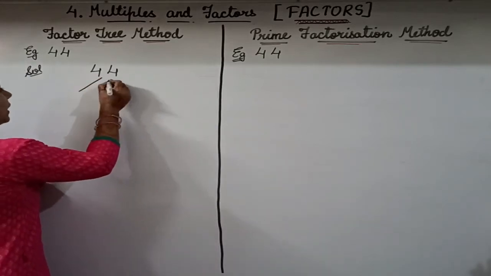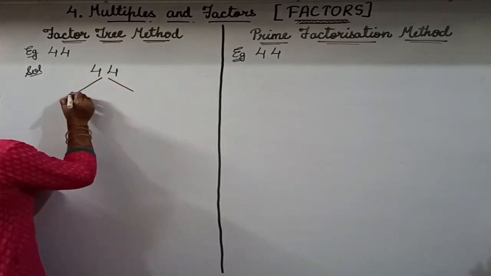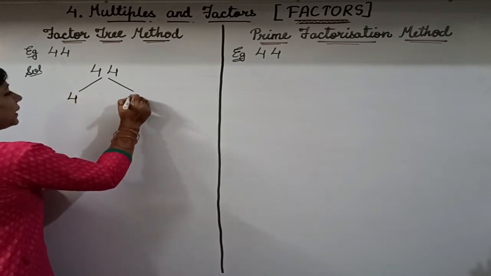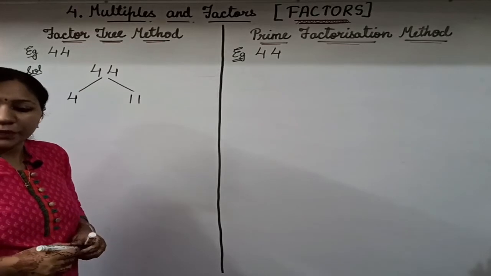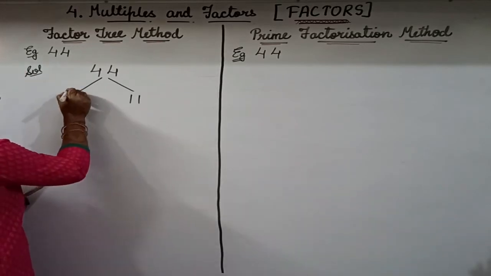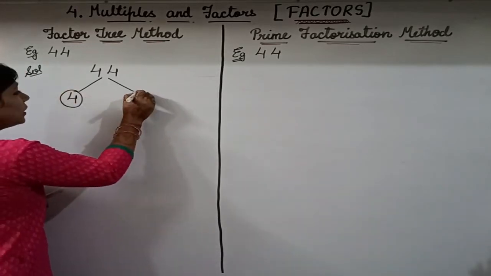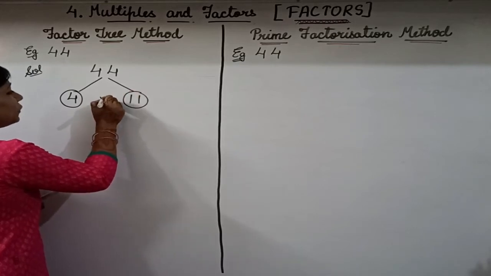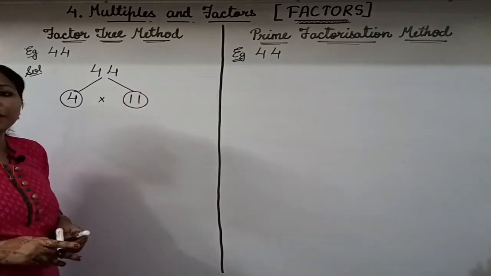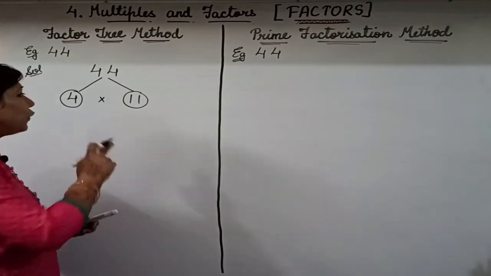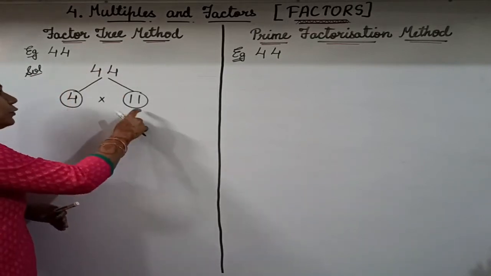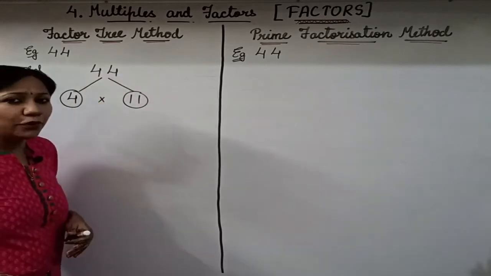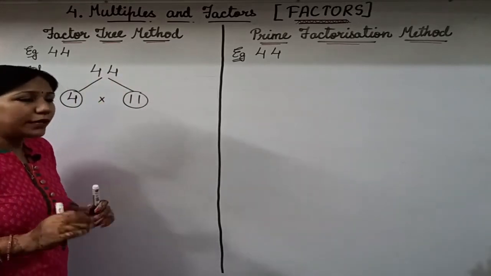So what I am going to write is 4 multiplied by 11 is 44. Clear, students? You can show it with the symbol of multiplication. So 4 11s are 44. You may also write it as 2 into 22, that is also 44. That is also a correct method.